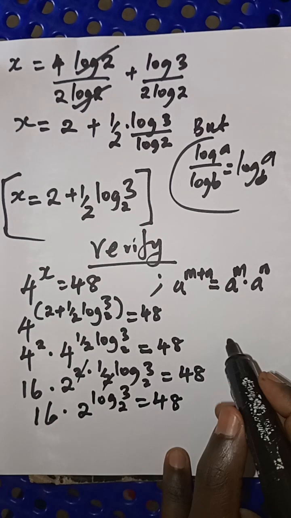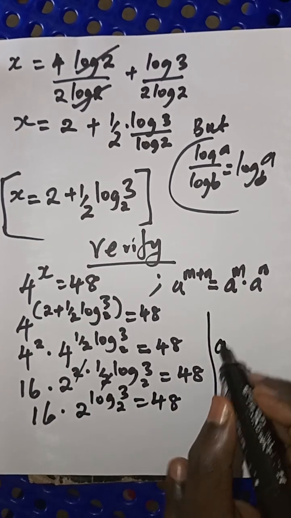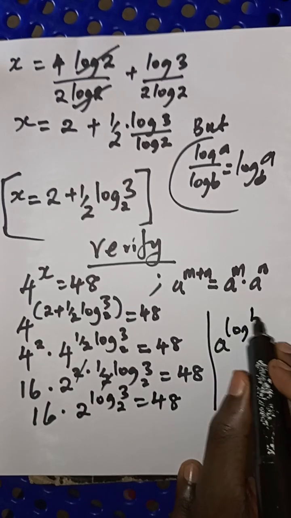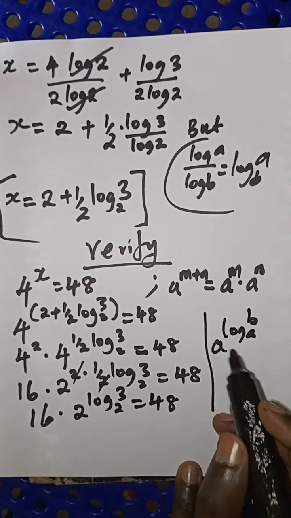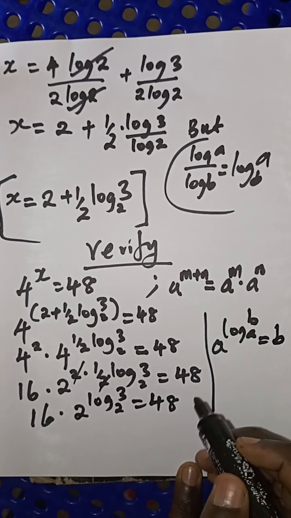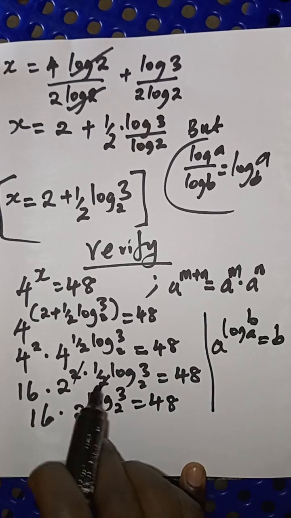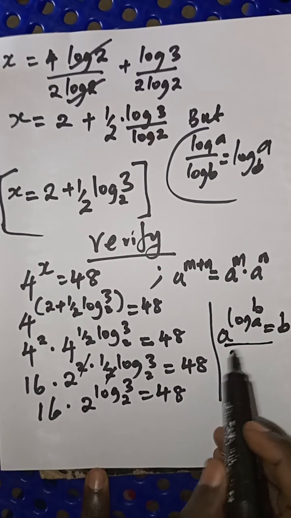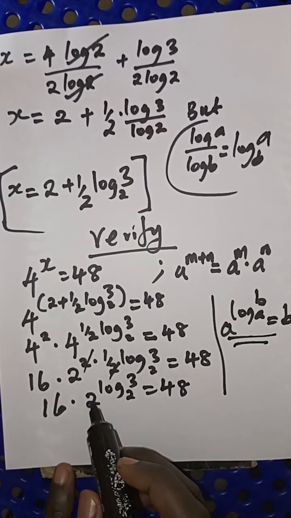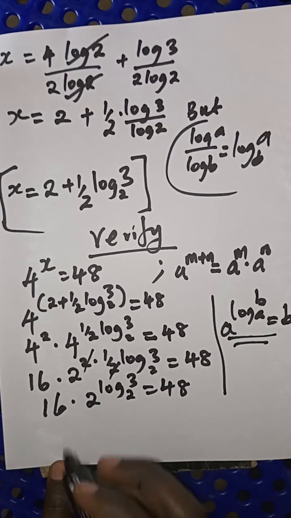But recall again that wherever you have the base a raised to a log of maybe b to the base a, you realize the base and the base are the same, and that automatically changes to b. So applying this again here, the 2 and the 2 are going to cancel, and all of this remains as 3.